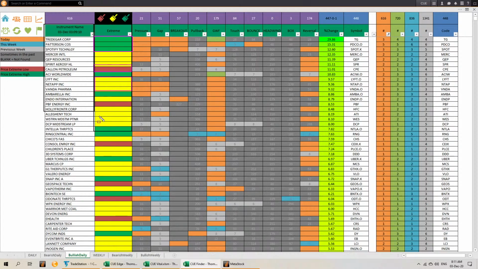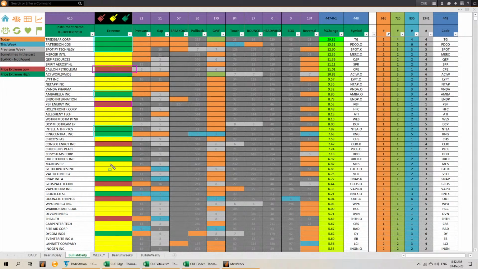This is useful because some traders like to trade stocks that are at a lower price level. If you are one of them, then you may only focus on the stocks which are at price extreme low. On the other hand, there are traders, for example IBD traders, who like to take breakouts at the top. They may focus on trade setups coming at price extreme high.